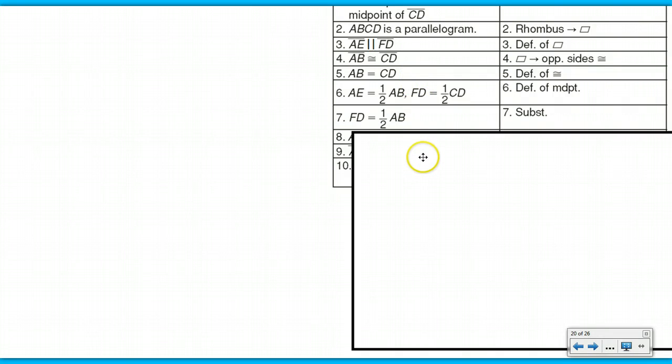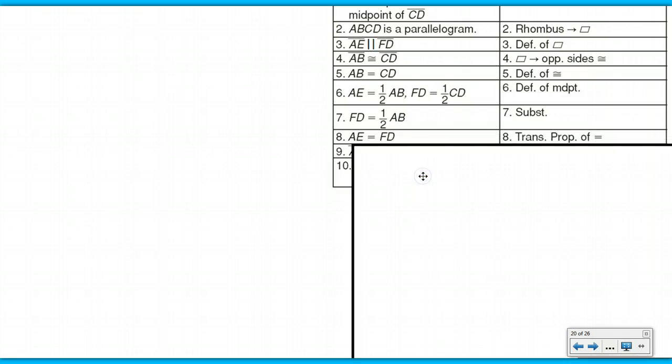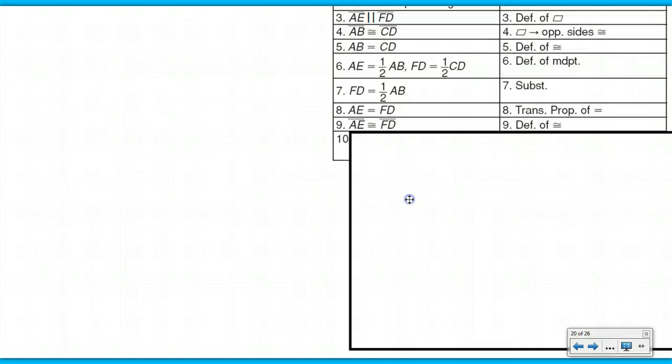Combining them together, we have substituted, right? So AE equals FD, okay, and that's by substitution. Transitive property, right? If AE equals half of AB and FD equals half of AB, then AE equals FD. Transitive property, congruency. We can say that segment AE is congruent to FD, and that's definition of congruency.